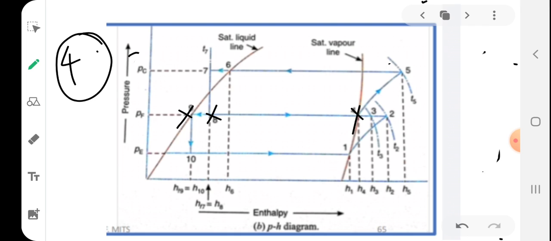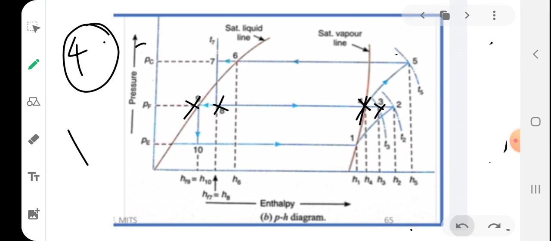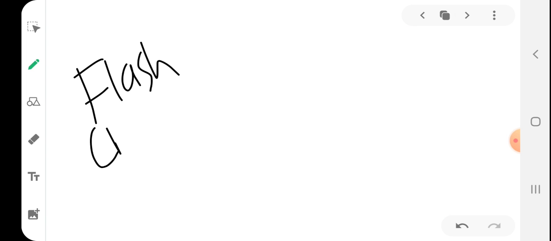Okay, so when this acts as an intercooler, point 4 will be on the saturated vapor line. When it acts as just flash gas removal, point 4 will be outside the saturated vapor line. That is the important point to remember, the difference between the flash chamber uses.